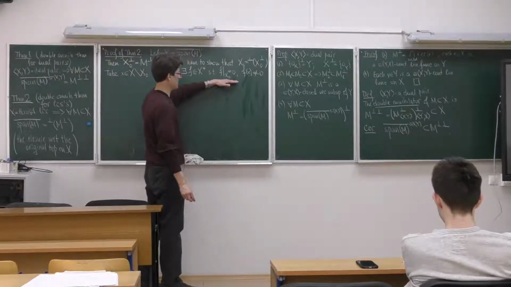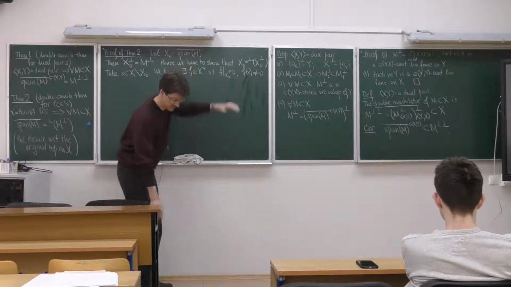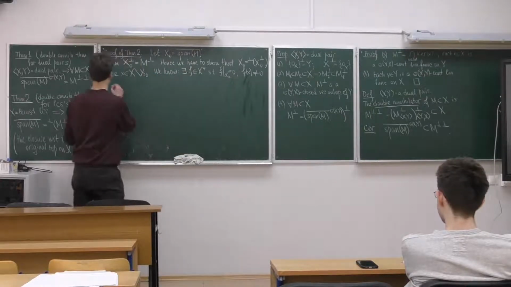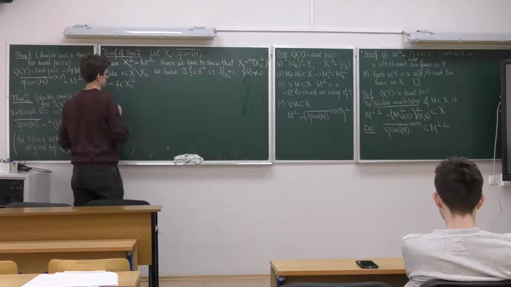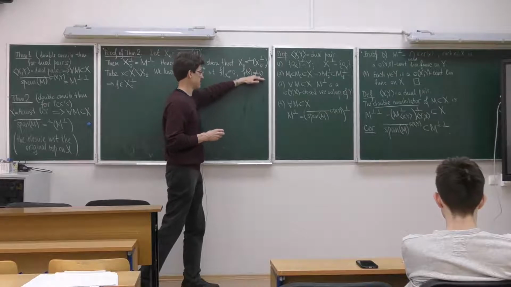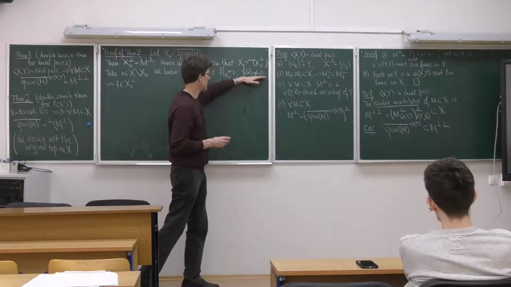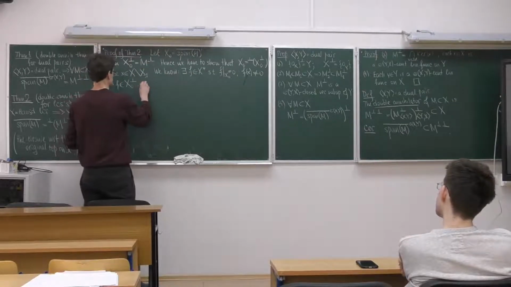Well, now, this property means exactly that f belongs to the annihilator of X0. And now, the fact that f doesn't vanish at x implies that x is not in the pre-annihilator of the annihilator.